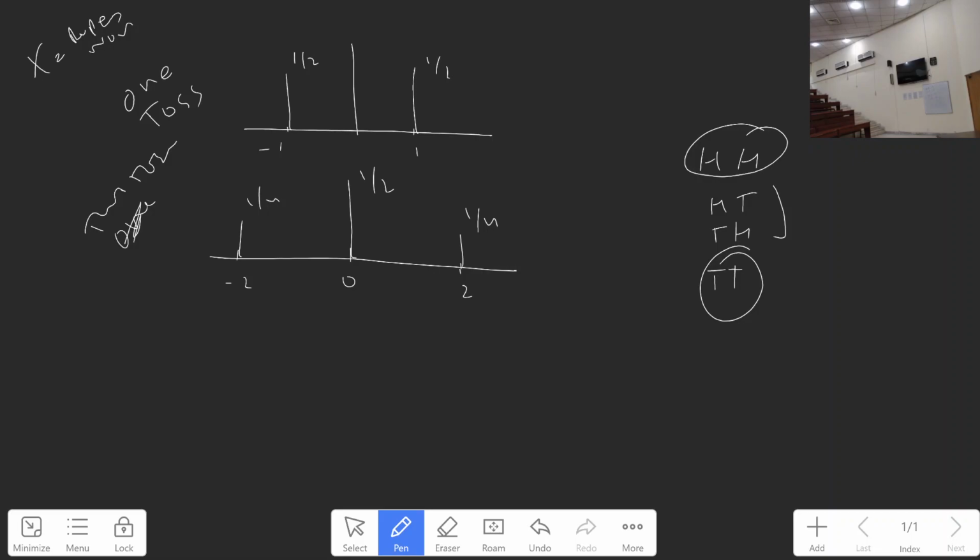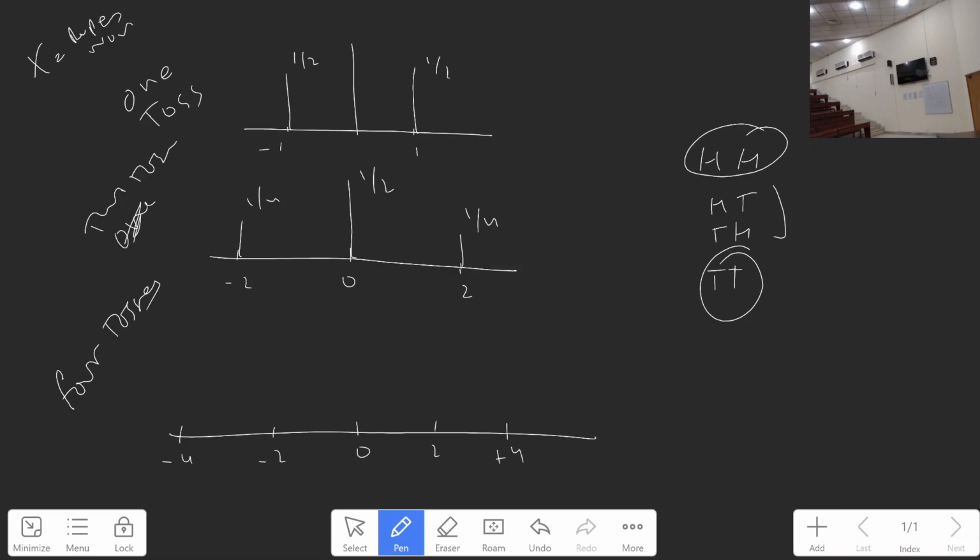Now tell me, if we look at the combined effect of 4 tosses. What will happen with 4 tosses? How many rupees can you win at maximum? You can win 4 rupees. How many can you lose? 4. So notice what's happening now. So 0, minus 4. What about minus 2 rupees? It is possible, if you think a little. What about winning 2 rupees? Yes, possible. What about losing 2 rupees? Yes, possible.